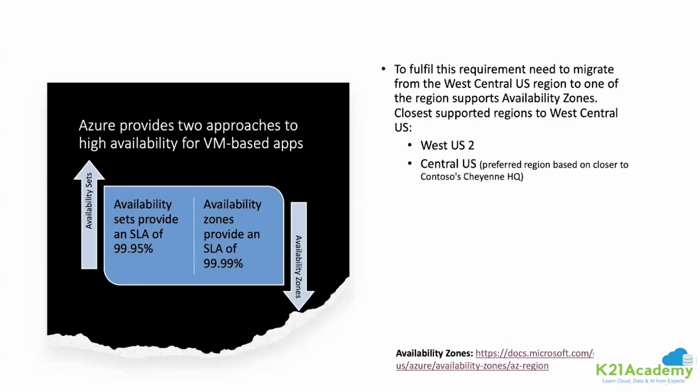So if I'm planning with availability set, customer will get 99.95% SLA, because that is something supported as a part of this availability set, right? So at least it is bound to offer you 99.95% SLA. But looking at the customer need, customer is looking for SLA beyond 99.95%.